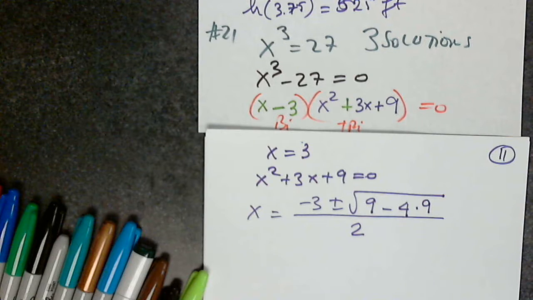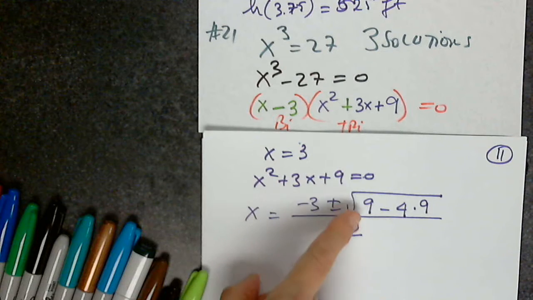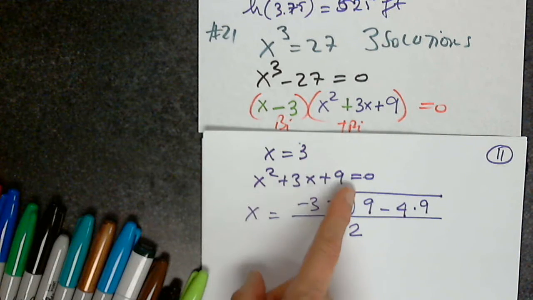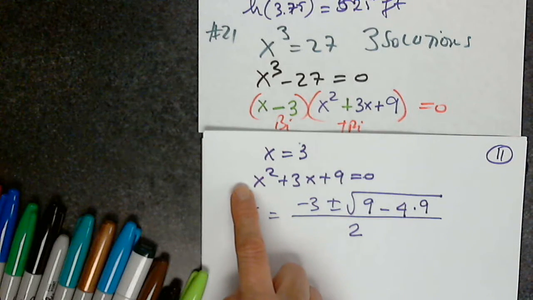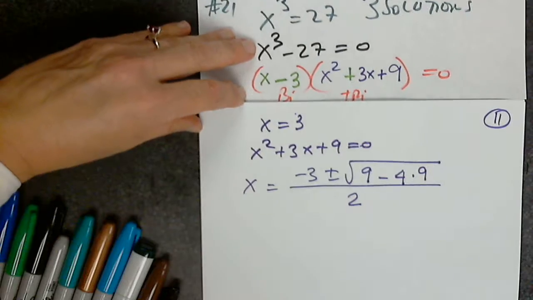Because I want to say something about the next step. Is this okay? So negative b plus or minus b squared minus 4a times c, but a is 1. Here's what I recommend you do next. It's up to you, of course, there are so many different ways.